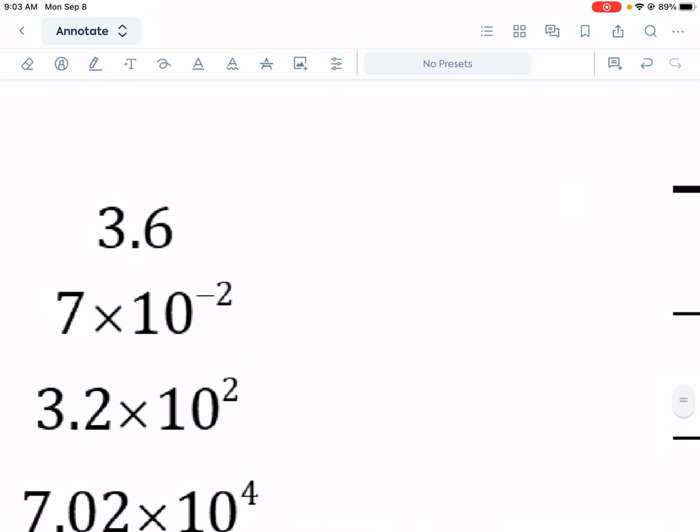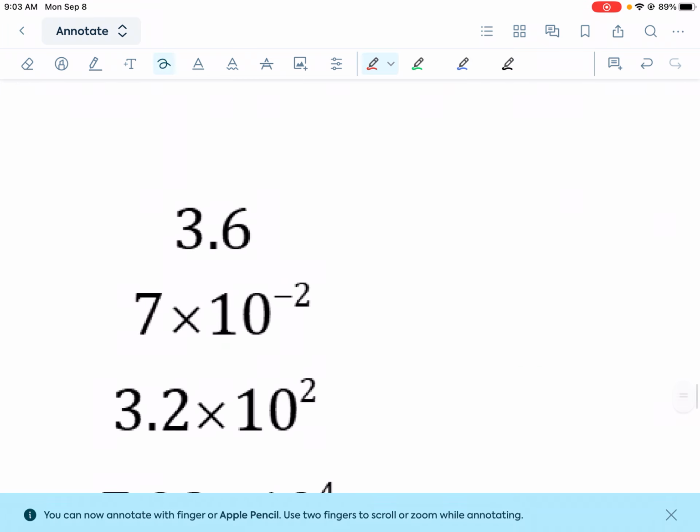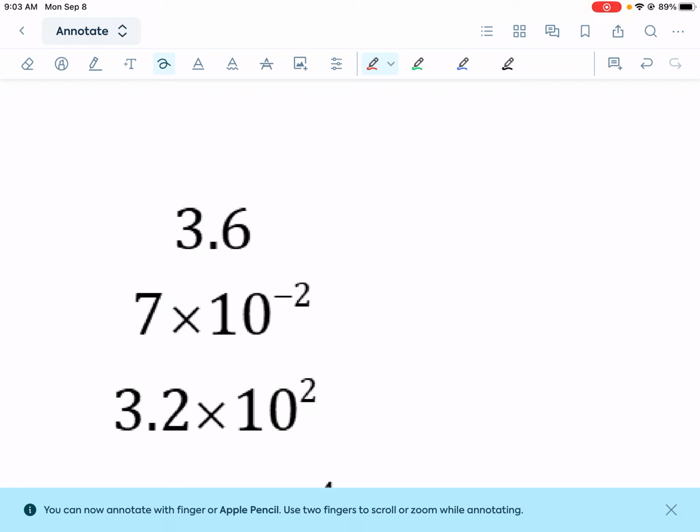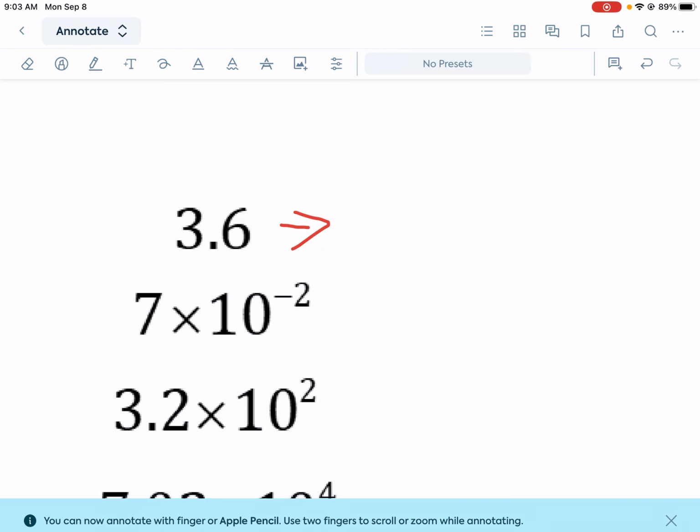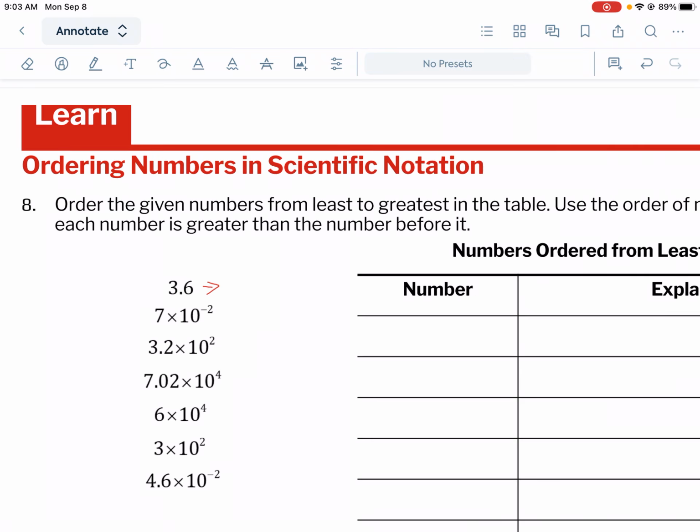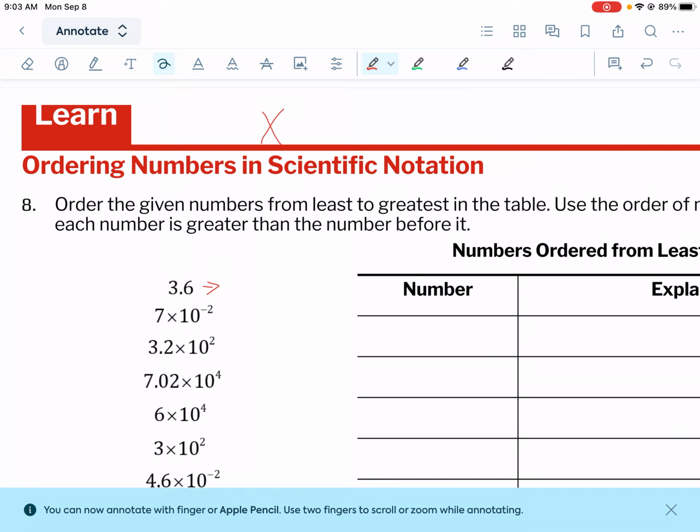First of all, before we do anything, we're going to take this 3.6 and put it in scientific notation. Now you might think, well, Miss Davis, technically we can't move the decimal place anywhere because our A value is already between 1 and 9.999. That's fine. If you remember our formula, x to the power of 0 equals 1. Remember that? And 1 times anything is always that number.